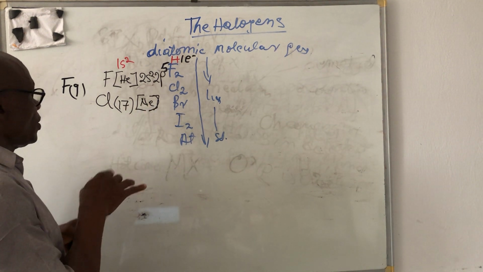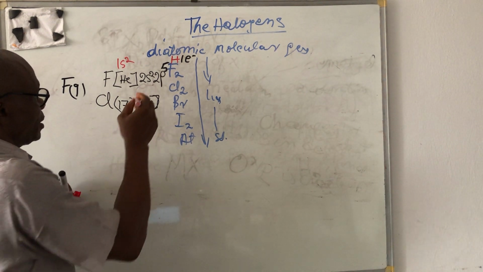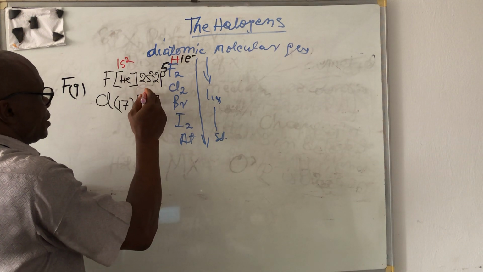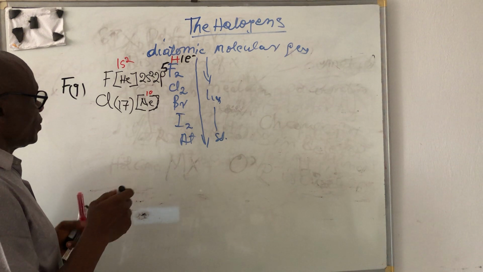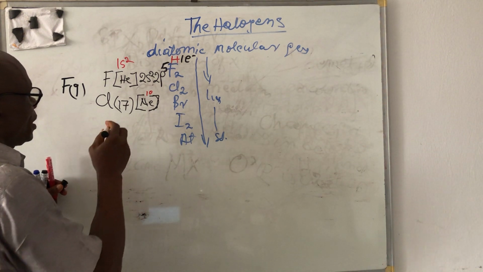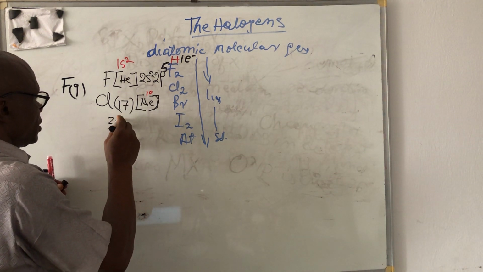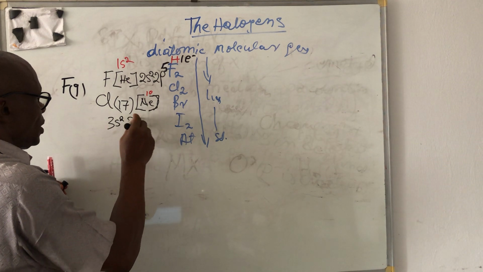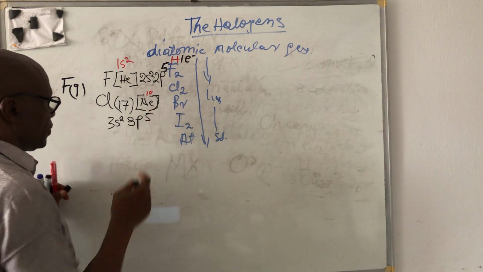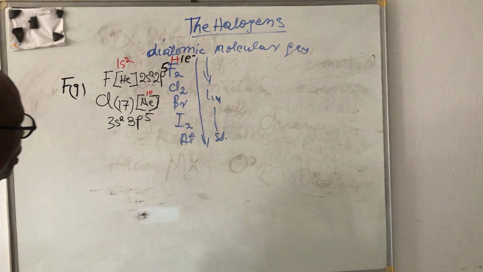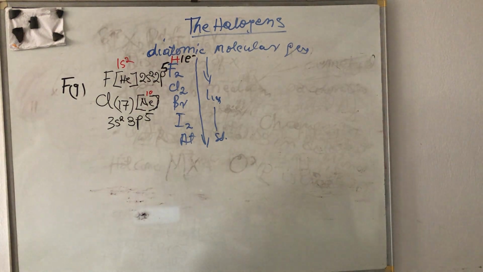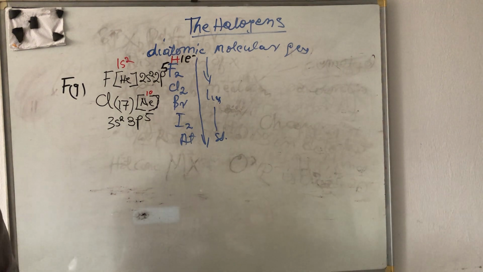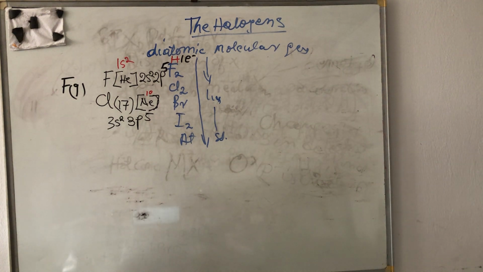If you look at neon at 10, you are left with 7, and that 7 will occupy 3s2 3p5.